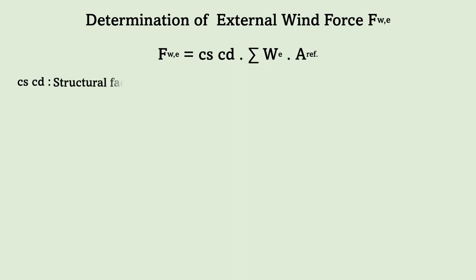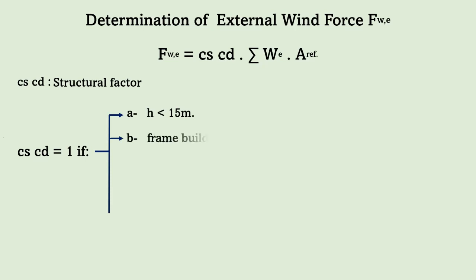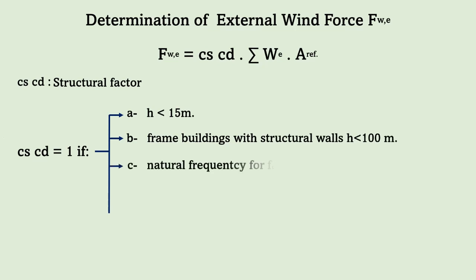Determination of external wind force FWE. FWE equals CSCD times summation of WE times A reference. CSCD is structural factor and it equals 1 if A, the height of the building is less than 15 meters, B, the height of frame building with structural walls is less than 100 meters, C, natural frequency for facade and roof elements is greater than 5 Hz.